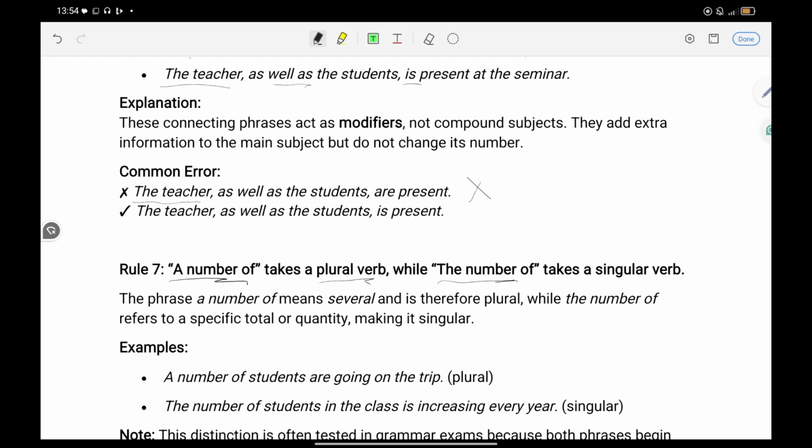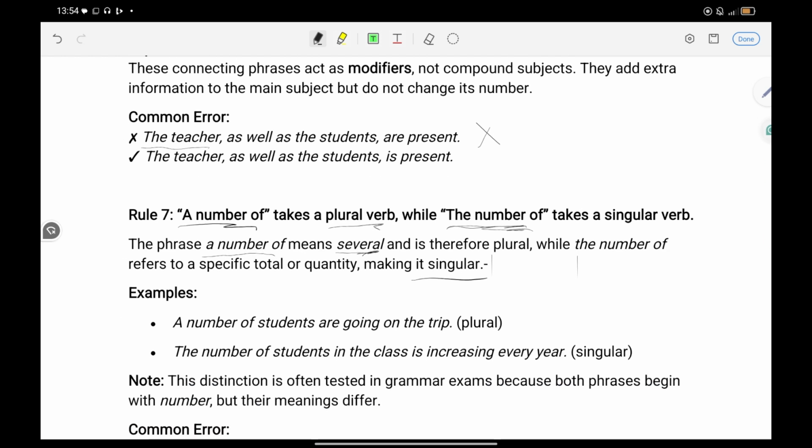When you see an expression that says a number of, it means several and takes plural. When you see a sentence that uses the number of, it refers to a specific total and not many, a specific quantity, and that makes it singular.